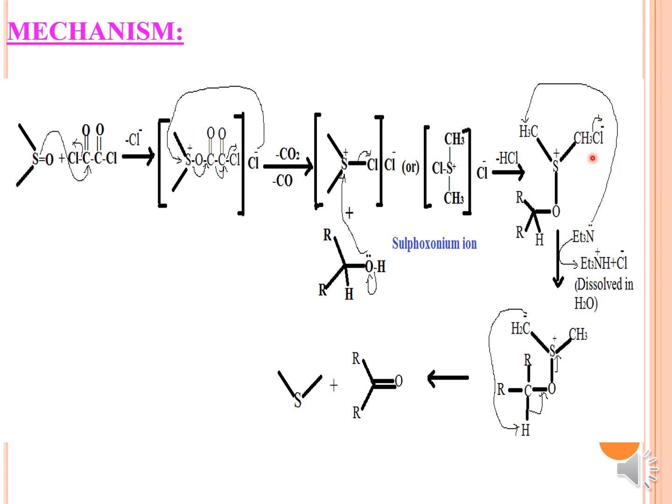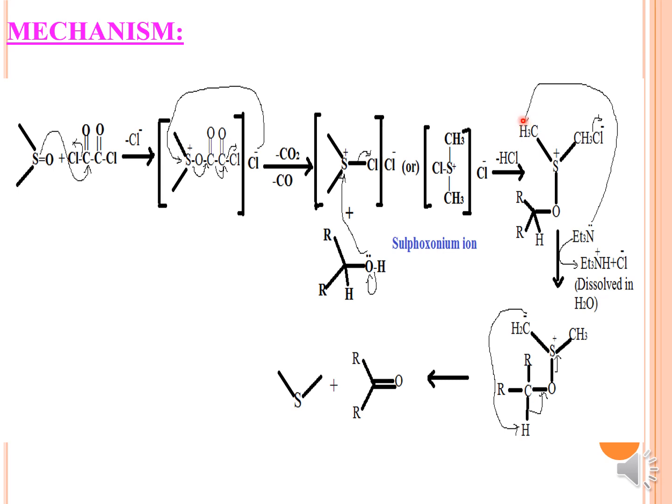It will take the Cl minus, and then there is the attack of the triethylamine. The nitrogen atom of the triethylamine, which is your base, with its lone pair of electrons, will abstract the proton from the methyl group.